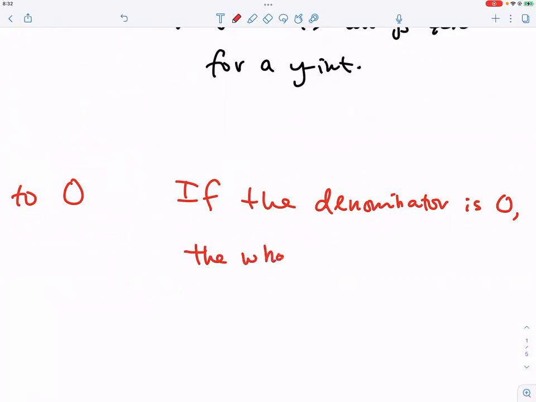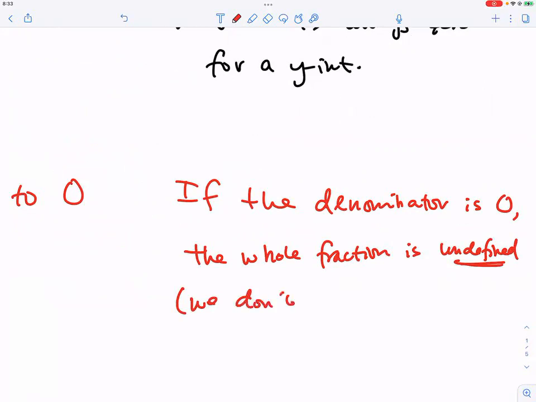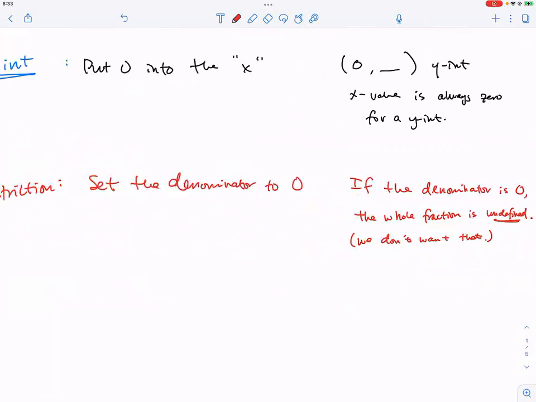It's undefined. The whole fraction is undefined, or your calculator will call it error. So we don't want it.